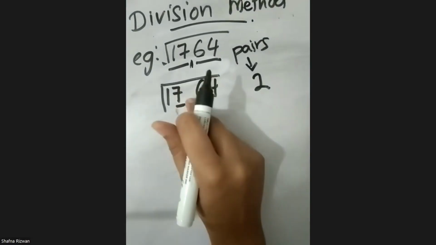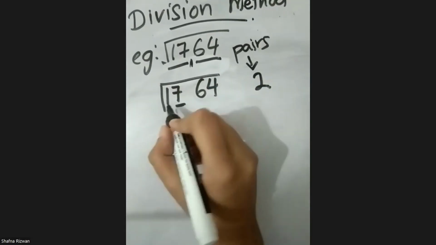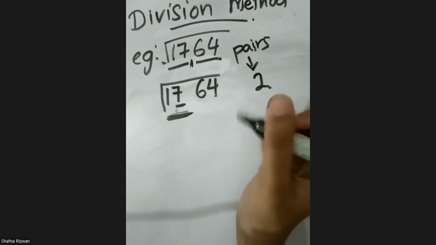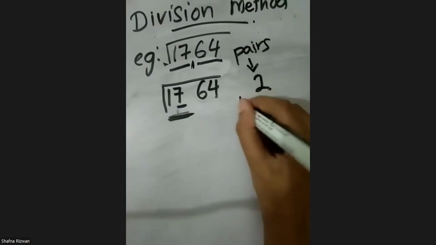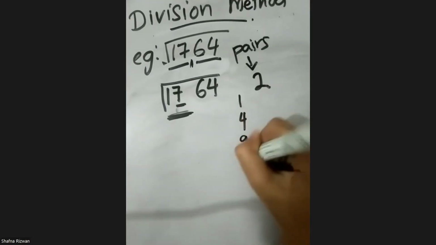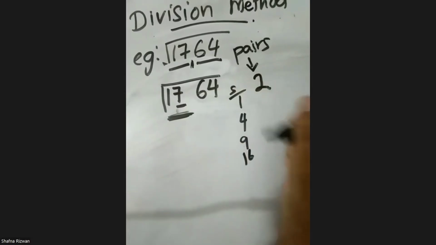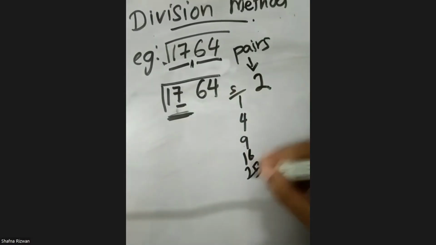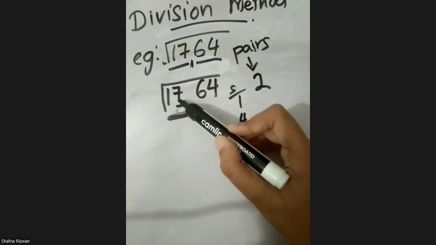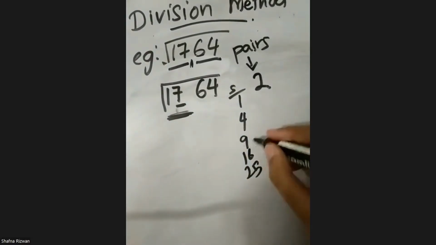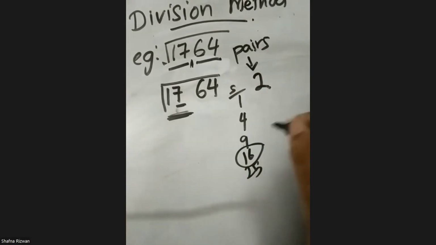Now you are going to see the perfect square which is closer to this number 17. You all know about squares, right? Like 1, 4, 9, 16. These are your perfect squares. Now tell me, what is that one number which is closer to 17? That is 16.